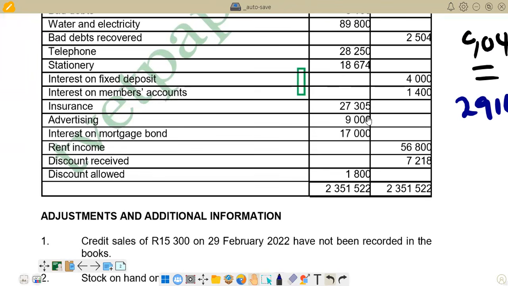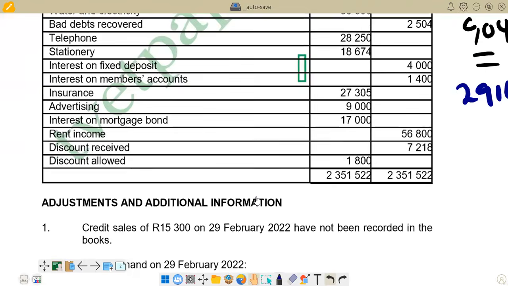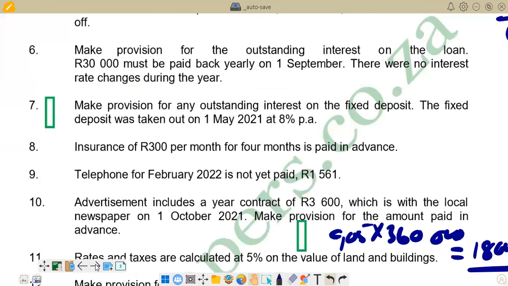Then we've got insurance, 27,305. We check the adjustment in terms of insurance. We have insurance of 300 per month for 4 months paid in advance. So we have 300 times 4, which gives 1,200. We are going to subtract this one.